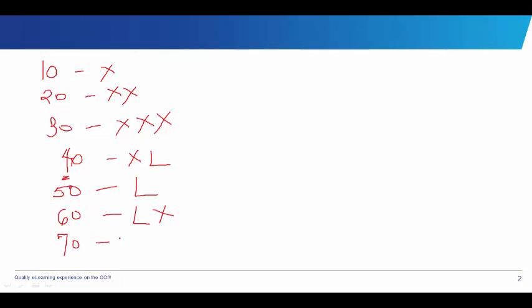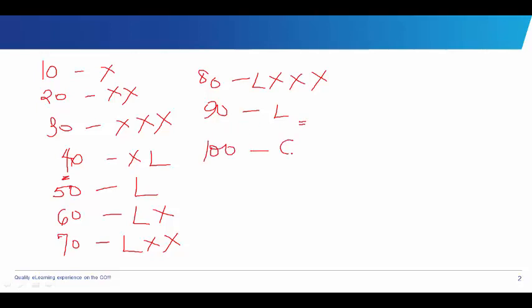Then 70 LXX. 80 becomes LXXX. 90, I'll jump this. Then our 100 is C.